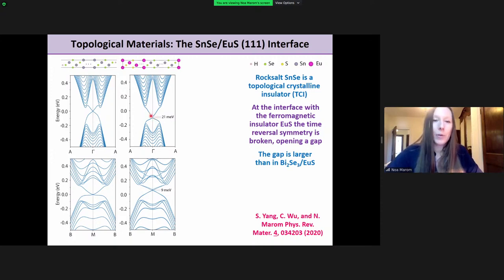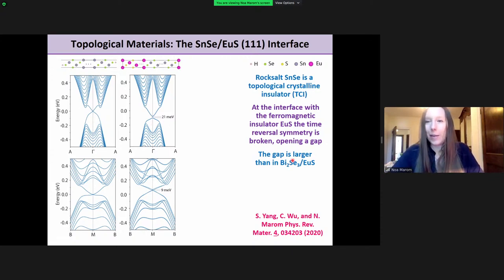And you can see in this case, we open a little gap of 21 millielectronvolts at the gamma point and 9 millielectronvolts at the M point, when it's interfaced with europium sulfide, which is a ferromagnetic insulator. And it may seem very small, but it's actually larger than the previously proposed materials combination.